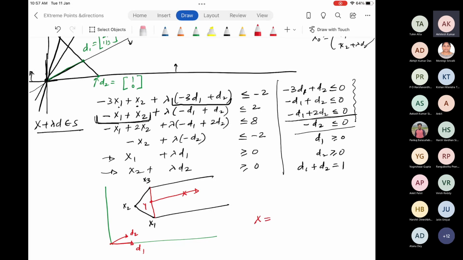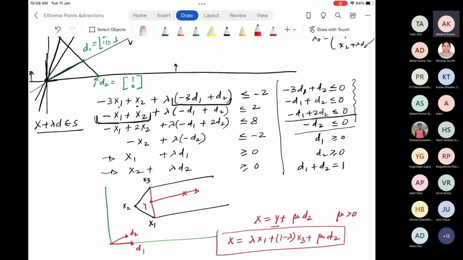So x can be written as y plus some mu times d2, where mu is greater than 0. Now y is a convex combination of extreme points, so I can write lambda x1 plus 1 minus lambda x3, plus mu d2.